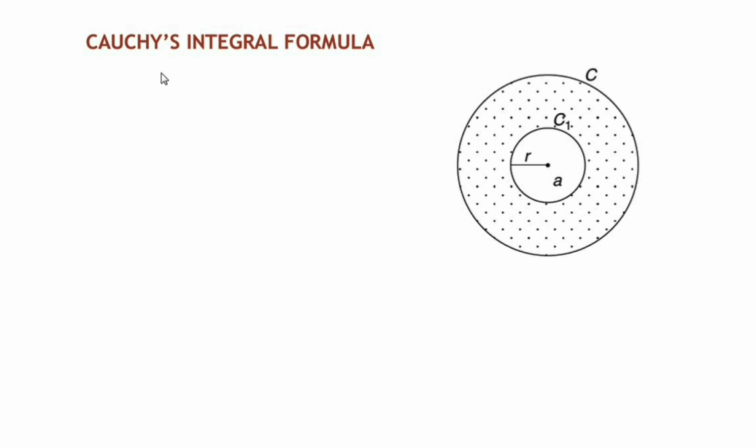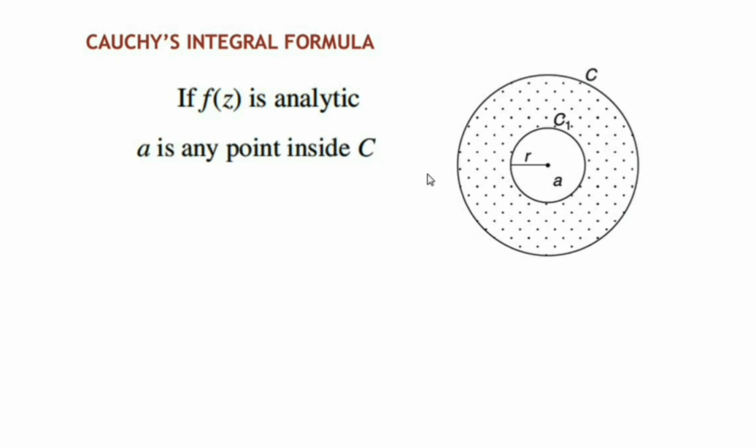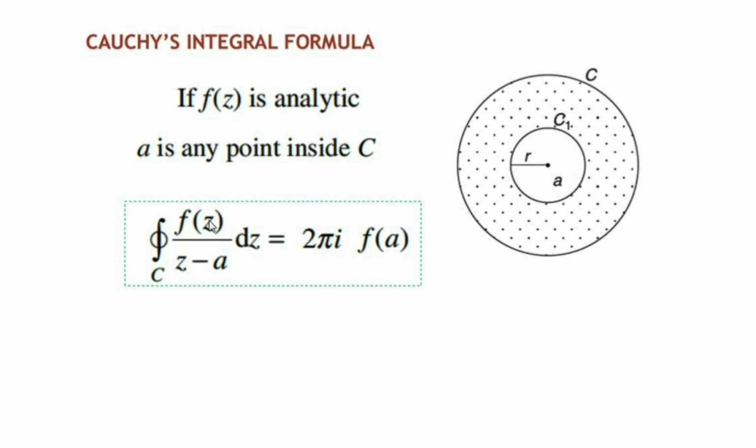Basically, what is Cauchy's integral formula? If a complex function f of z is analytic inside and on a closed curve C, and a is any point inside the closed curve C, then the integral over C of f of z by z minus a dz is 2 pi i times f of z at the point z equals a.